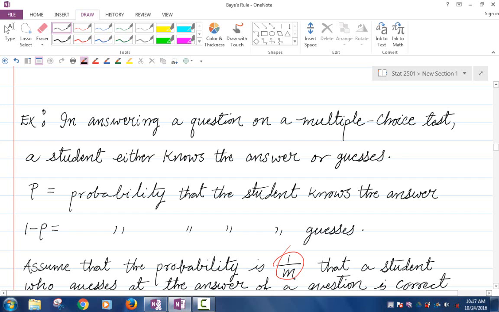P is the probability that the student knows the answer to a question, and 1 minus P is the probability that the student will guess to answer a question. So given a question, either he knows or he guesses, okay?